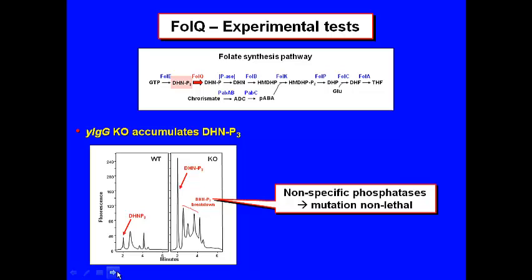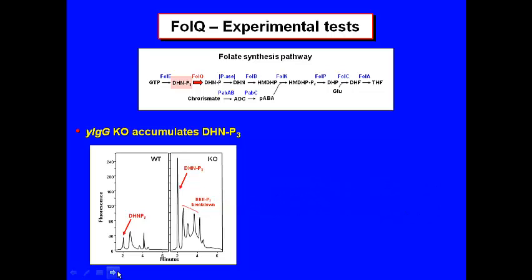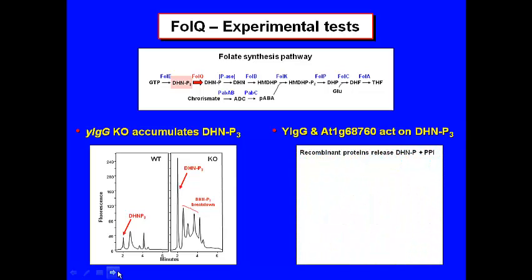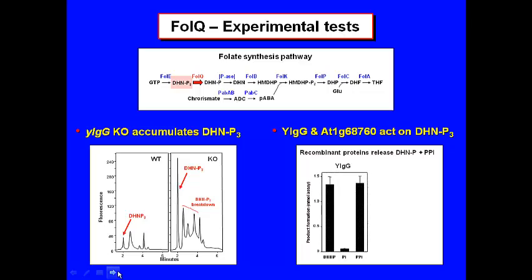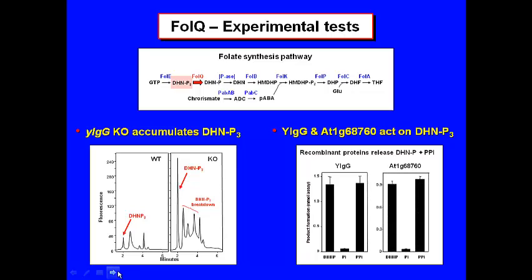And when we test the recombinant proteins for activity on this substrate, they have nice activity. They cleave this into the monophosphate, this product, and pyrophosphate, not inorganic phosphate, and the same is true of the plant homologue.